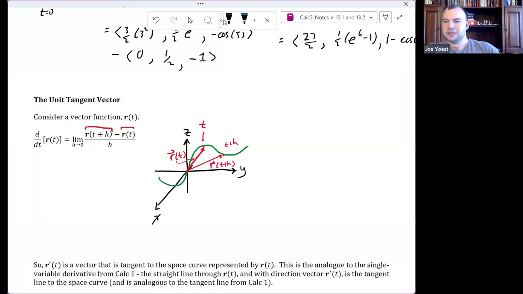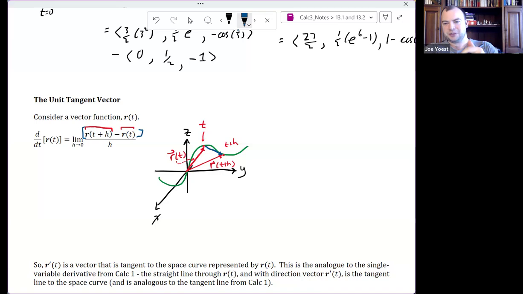And then if I think, what is r of t plus h minus r of t? Well, I see that r of t, that vector that goes from the origin to the point on the line at t, plus this blue vector gives me r of t plus h.